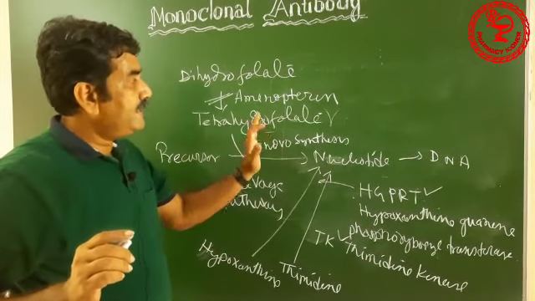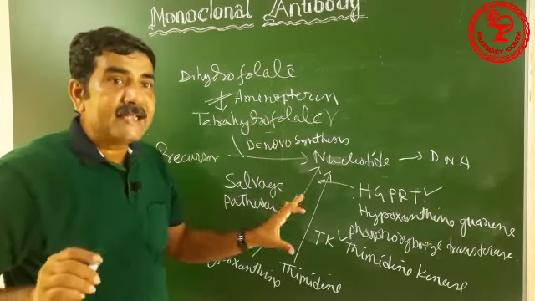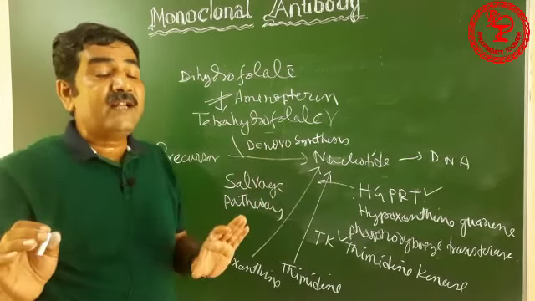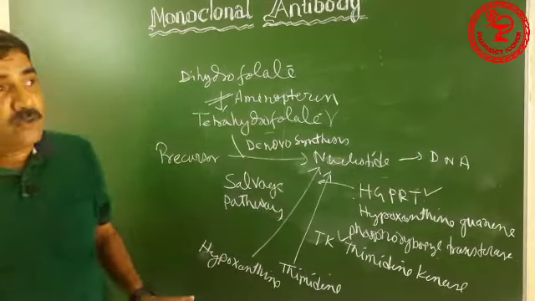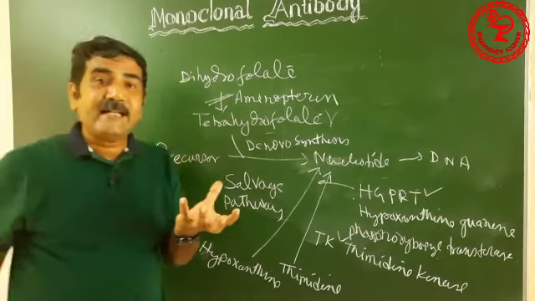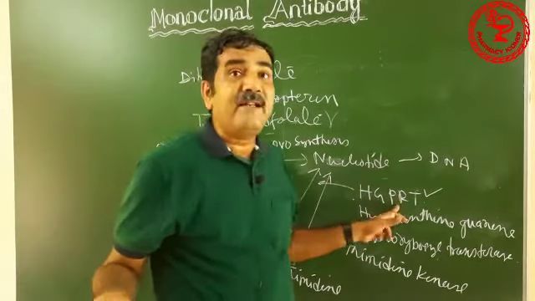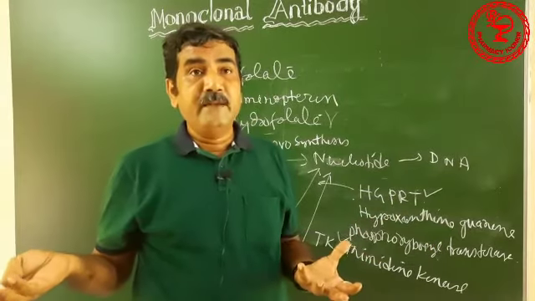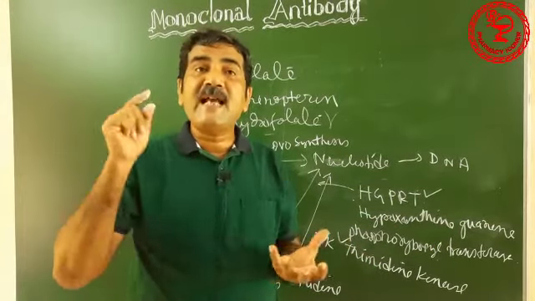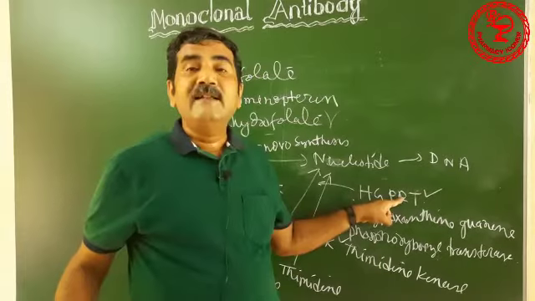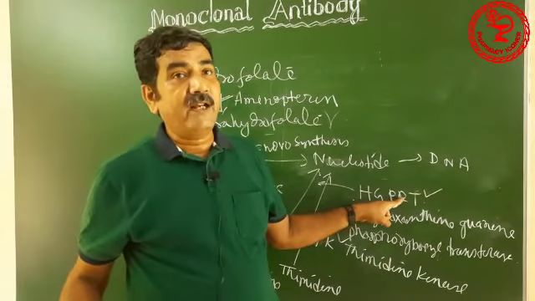This is the science behind the selection of hybrid cells. How? If we cultivate a cell which does not have HGPRT, it will die. But if we cultivate a cell which has HGPRT, then that will survive.